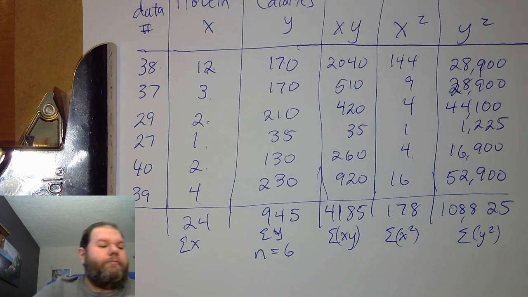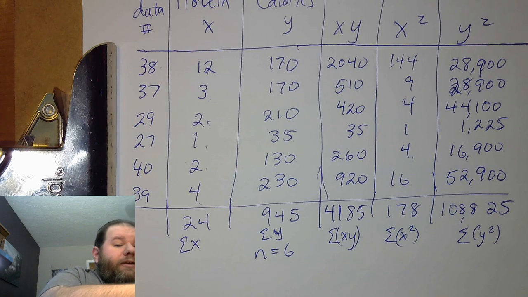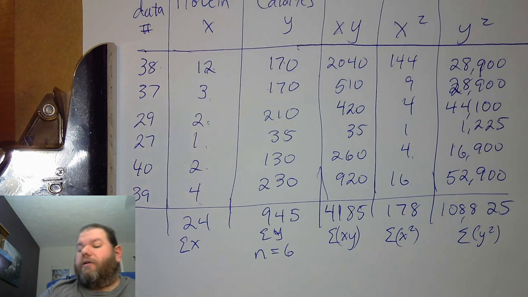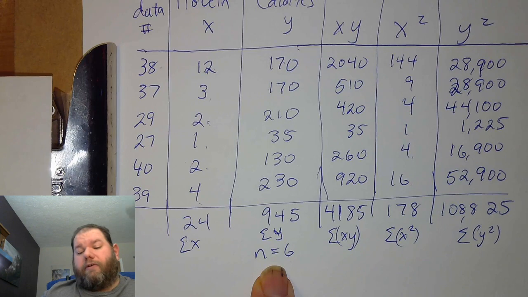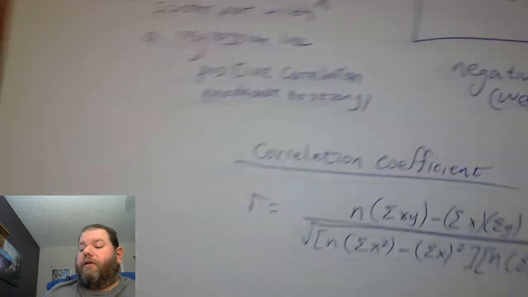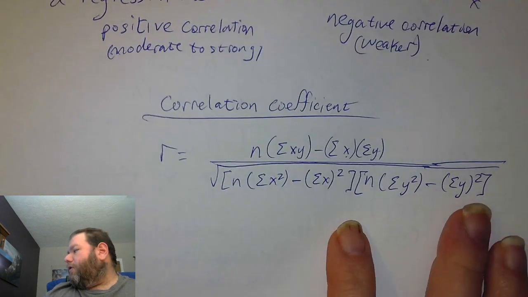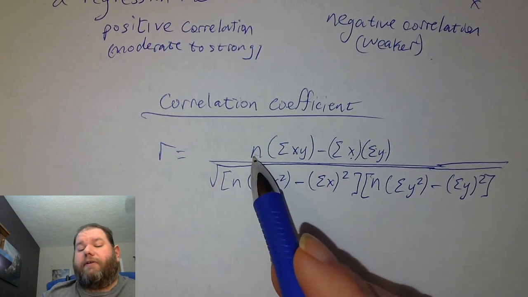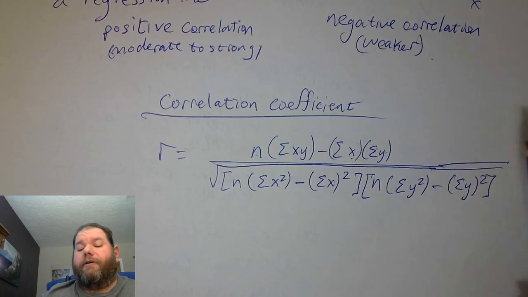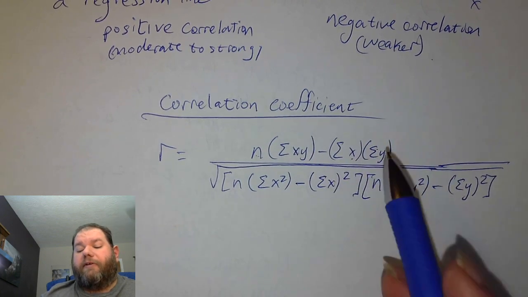Okay. So we're going to take these 5 values, including n equals 6, and plug them into this formula. So I start off with 6 times the sum of x times y minus the sum of x times the sum of y.